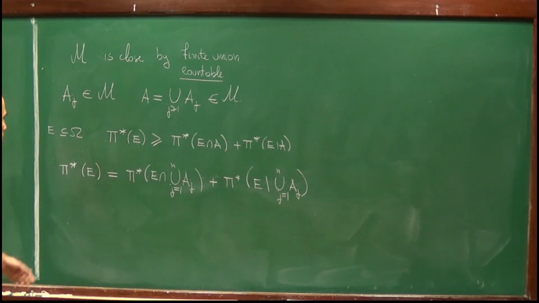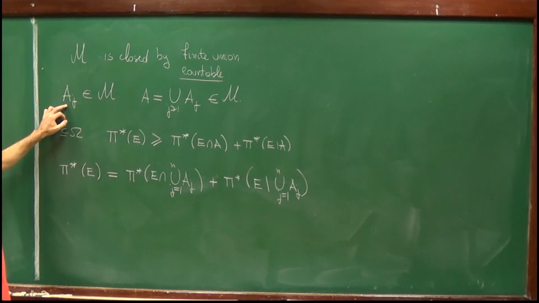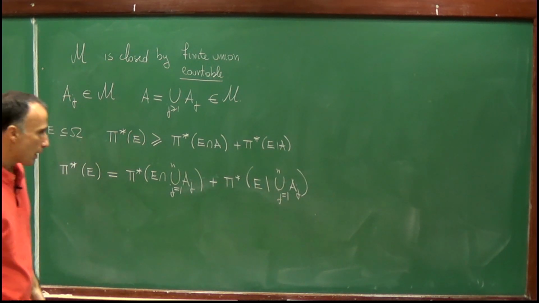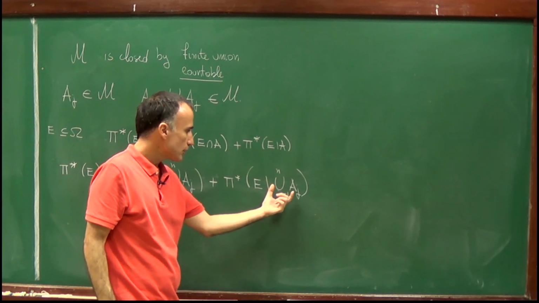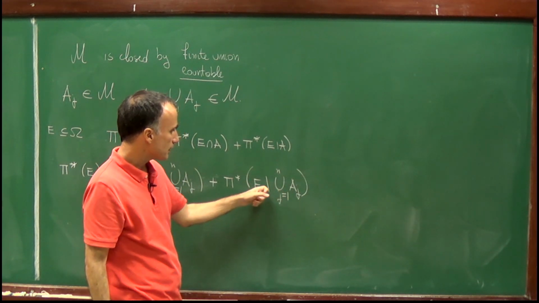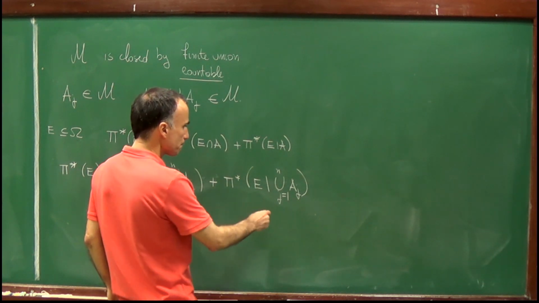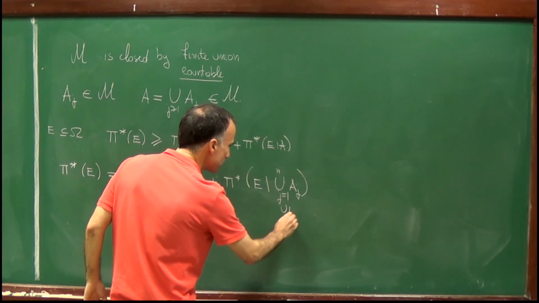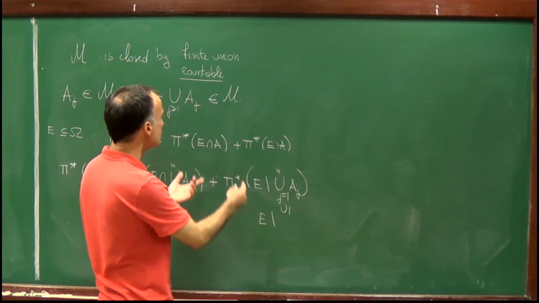So this we know already because M is closed by finite union, and each of these sets A_j belongs by assumption to M. Well, here this union is clearly contained in the countable union. Therefore, if I take E minus, I get that this set contains E minus the global union, which is E minus A.